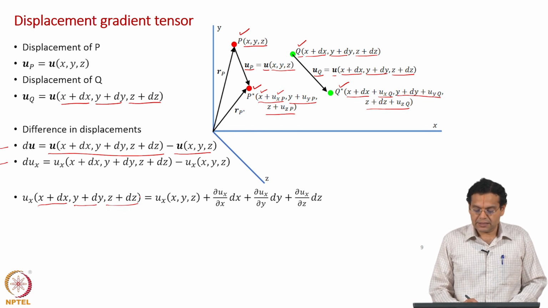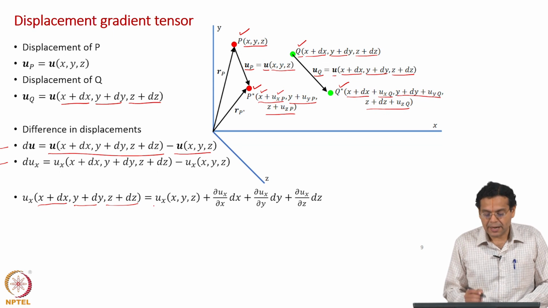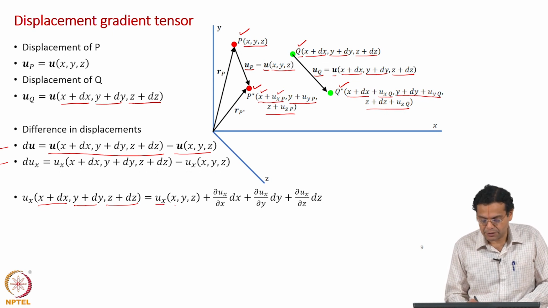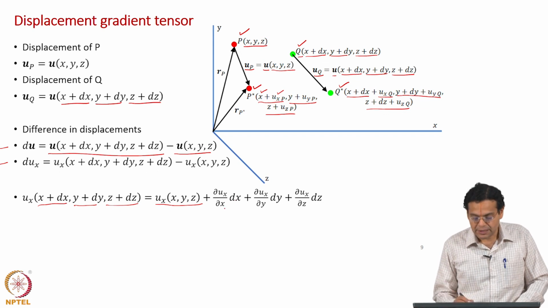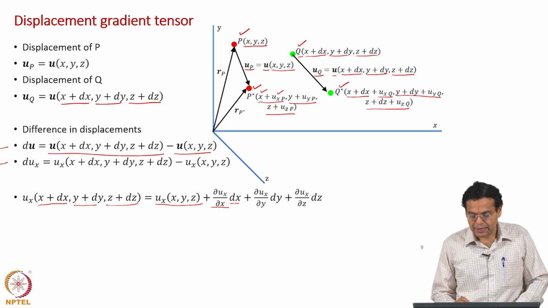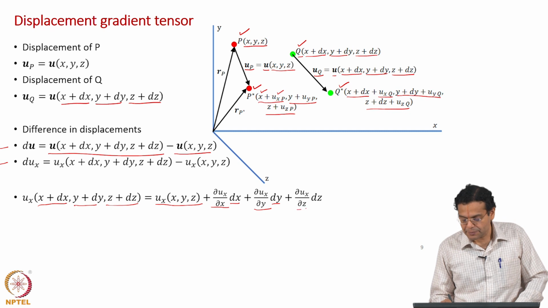Taylor series is familiar to us, and here of course there are multiple variables, so a multiple variable Taylor series. How do you write it? You expand about x y z. The first term is u x at x y z, then you have all the derivatives, in this case partial derivatives: dou u x by dou x into dx, dou u x by dou y dy, and dou u x by dou z into dz.